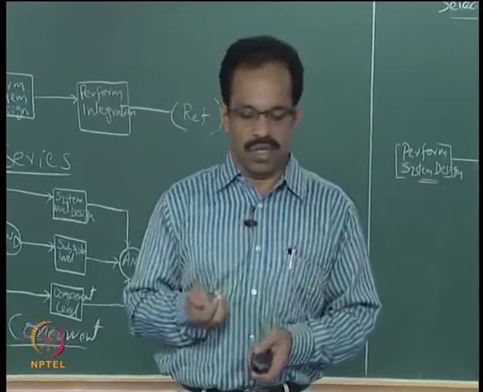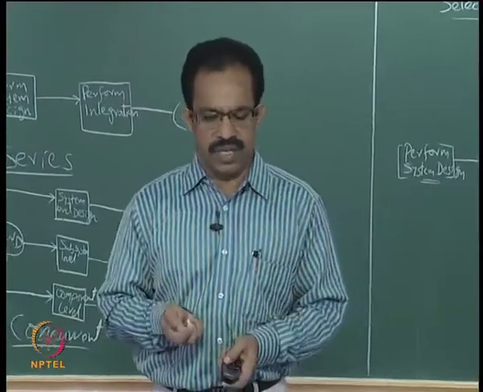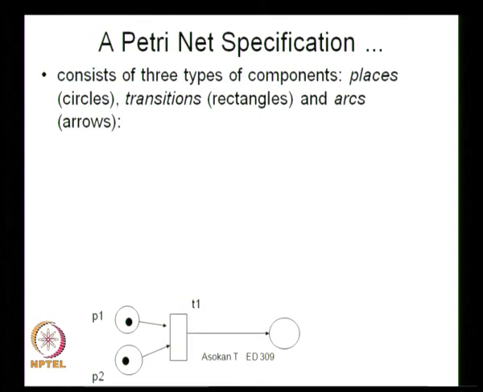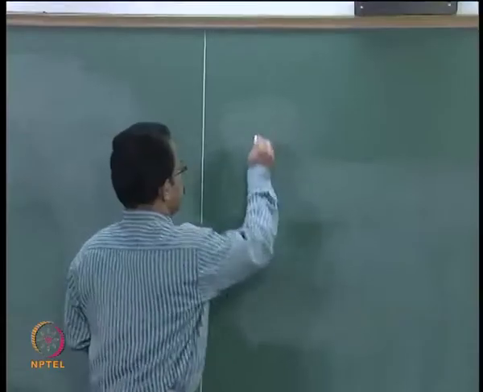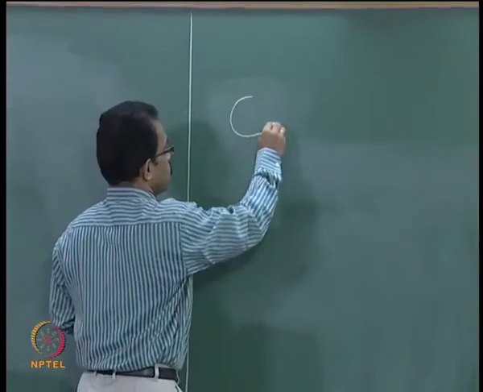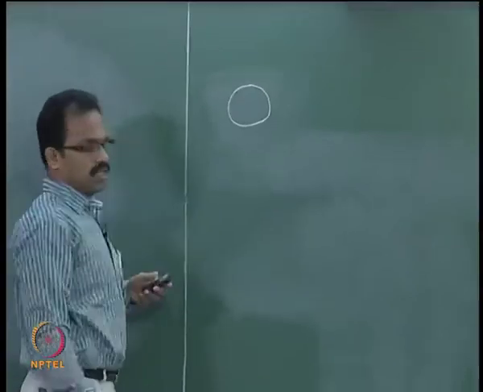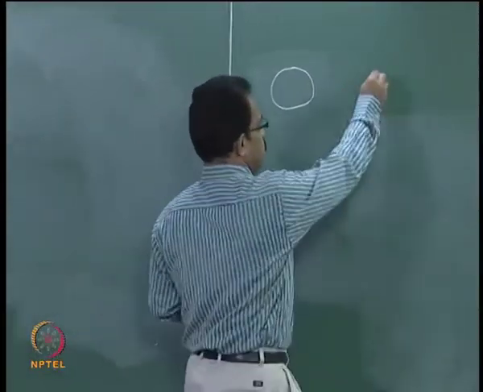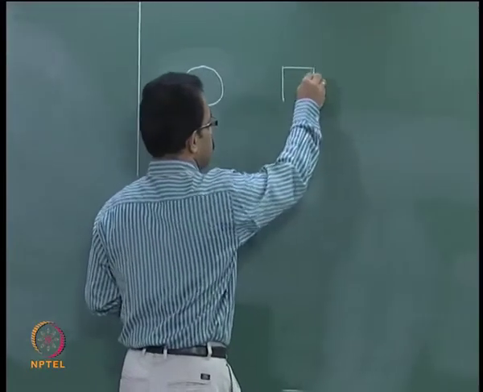A Petri Net has a few basic specifications. It consists of three types of components: places, transitions and arcs. These are the three components which form the Petri Net. The places are represented by circles, and the transitions are represented by rectangles.